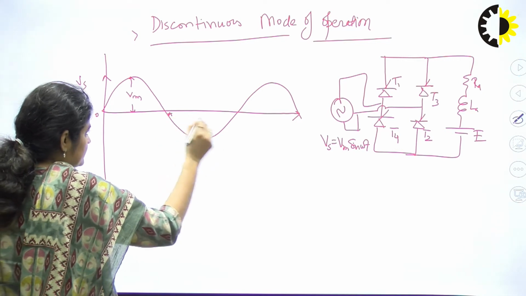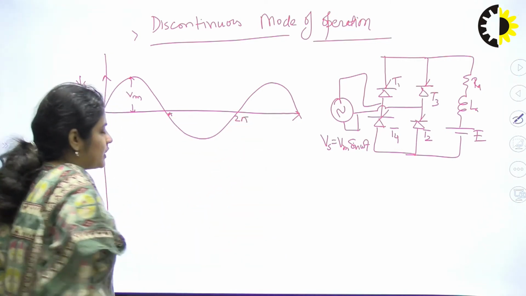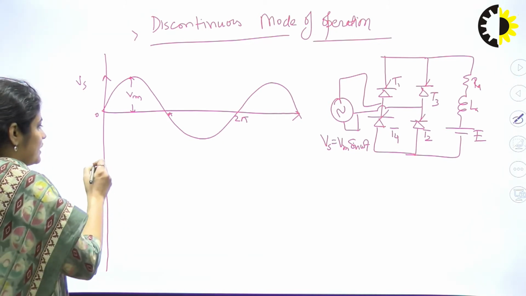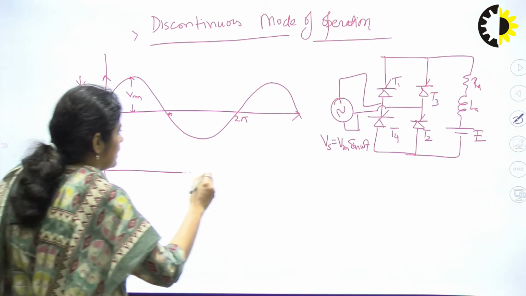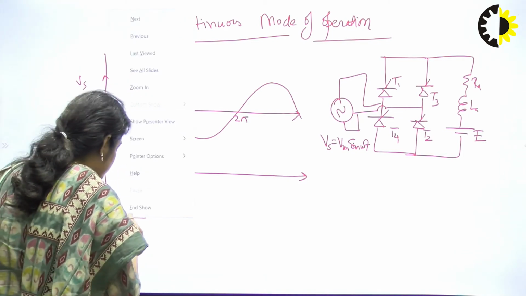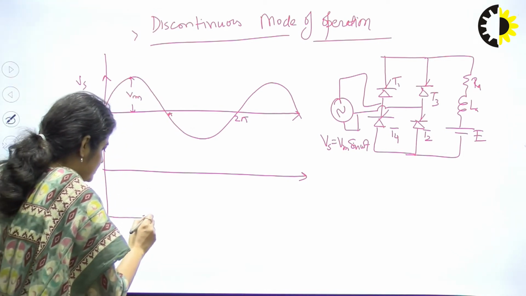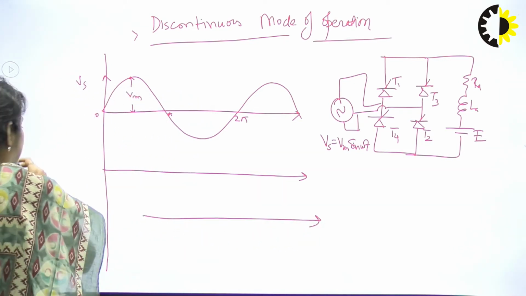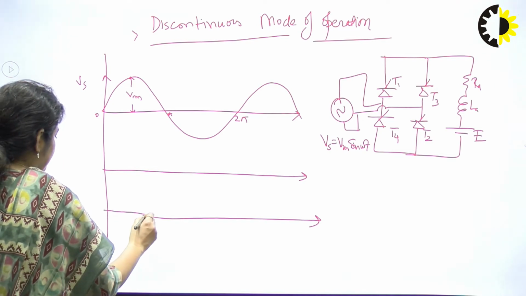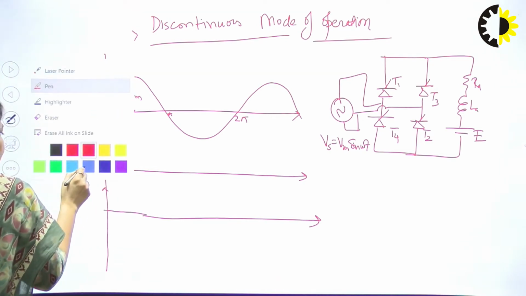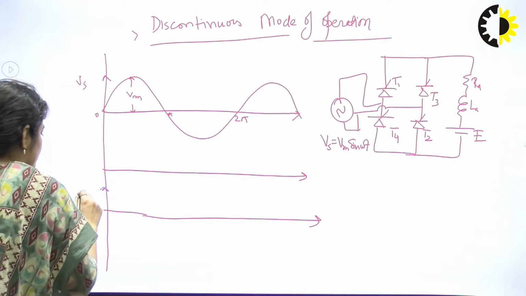This is pi, this is 2 pi, and the frequency of this waveform is 50 Hz, right? Now just draw the current and the output voltage, right? This is the output voltage.